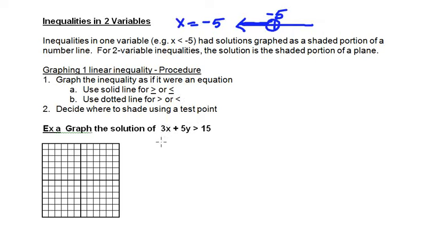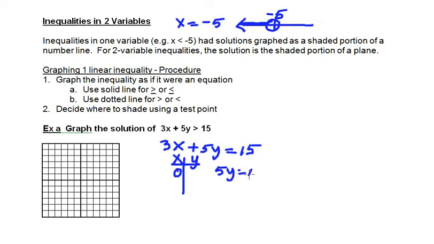So I'm going to first imagine the equation 3x plus 5y is equal to 15. And the way that I would graph this, because it's not in slope-intercept form, I would plot the intercepts. Those are probably the two easiest points. When I let x equal 0, I get 5y is equal to 15.